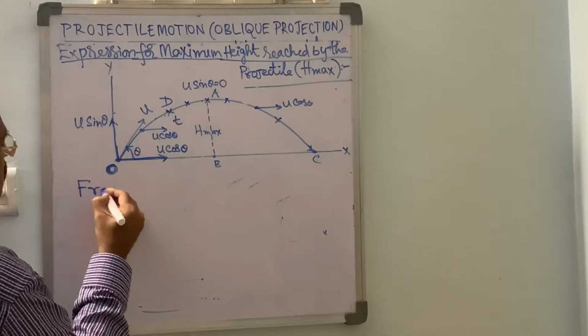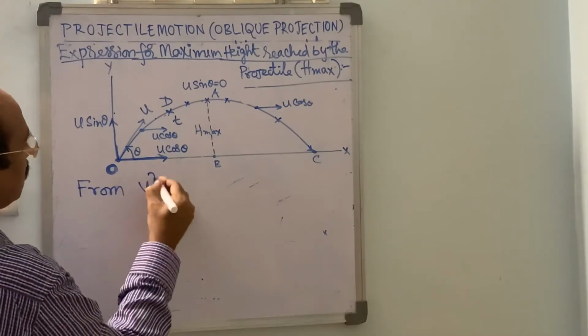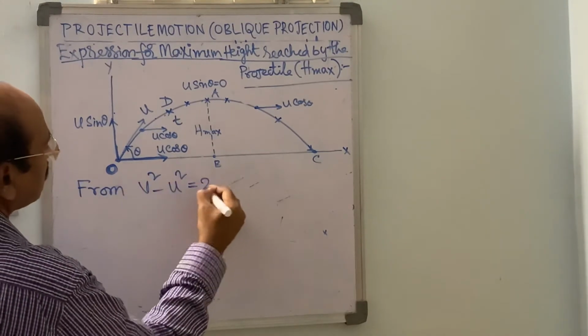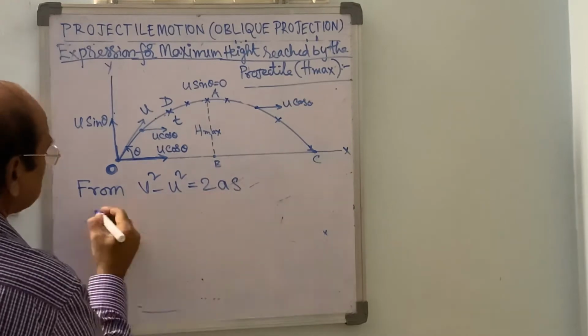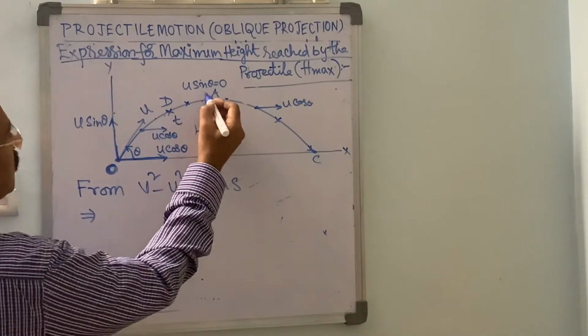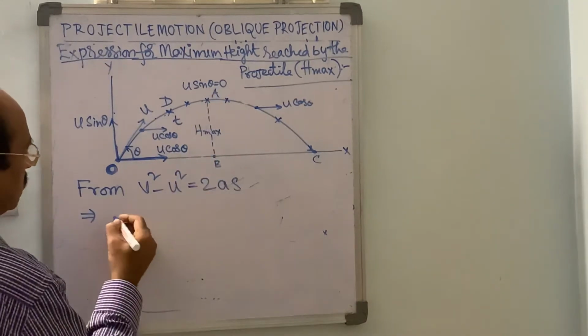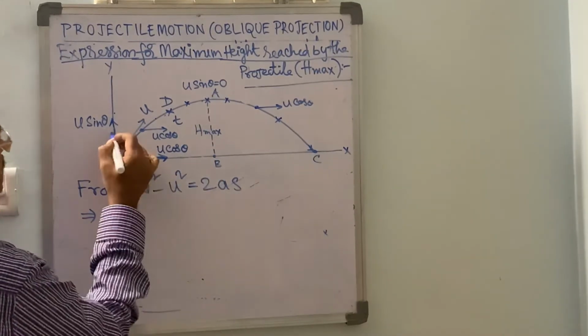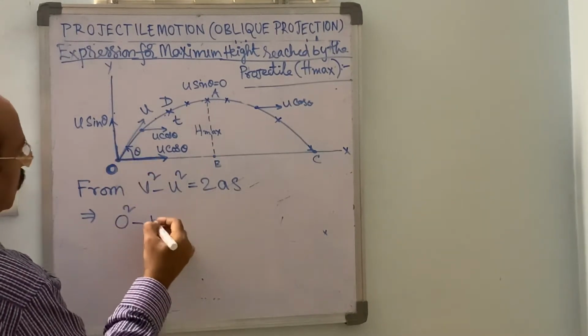Therefore, from the equation v square minus u square equal to 2as, here the final velocity is 0, and u means initial velocity u sin theta.